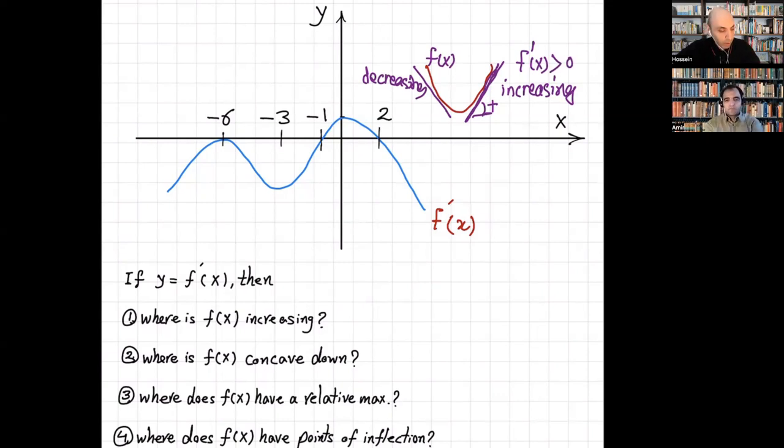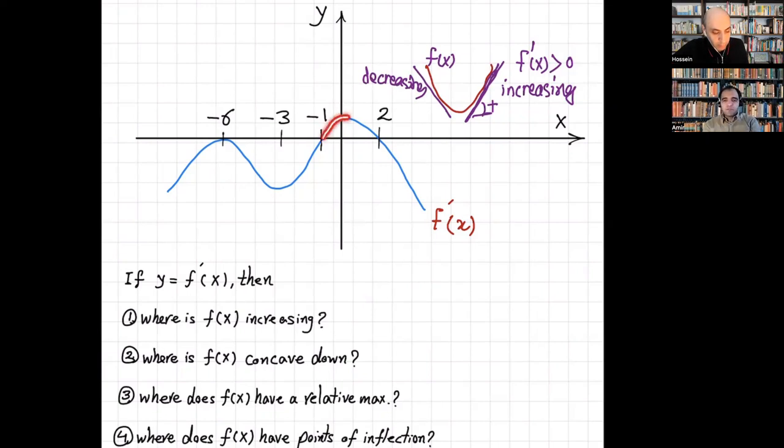So if this is the f prime of x, we need to find where f prime of x is positive in the blue curve. We concluded that f prime of x should be positive based on the small sketch you just drew.